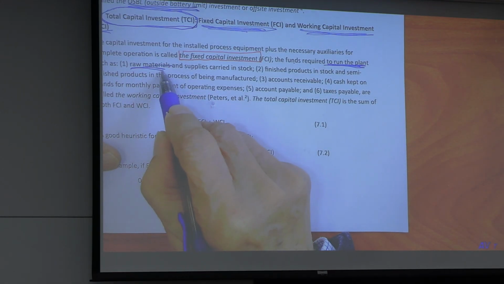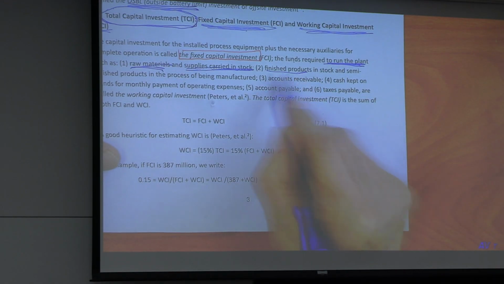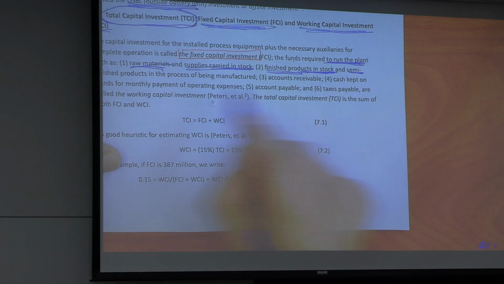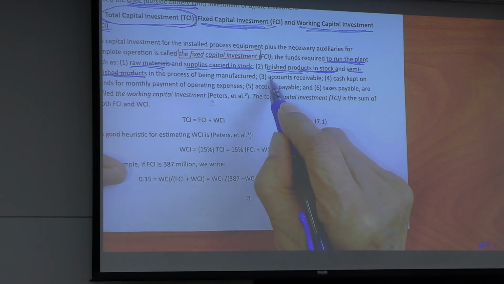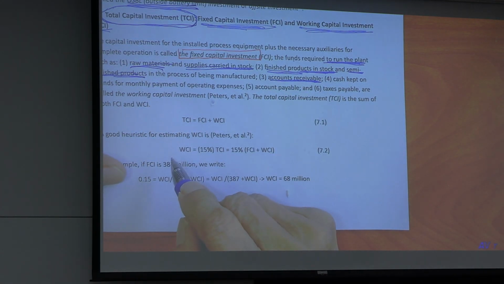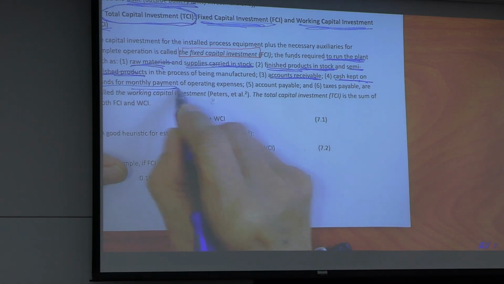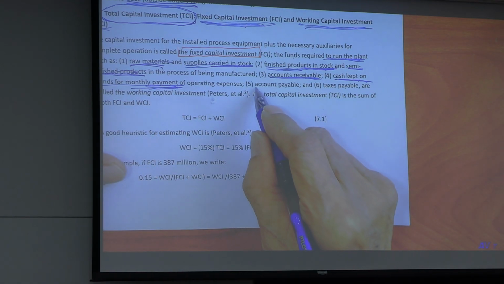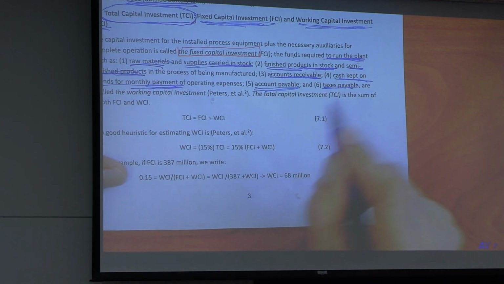Raw material, supply, carry stock. Finished product in stock, not being sold yet. Semi-finished product continuing to be made. Account receivable in the coming year. Cash reserve for monthly payment before you get operating income. And account payable, tax payable.